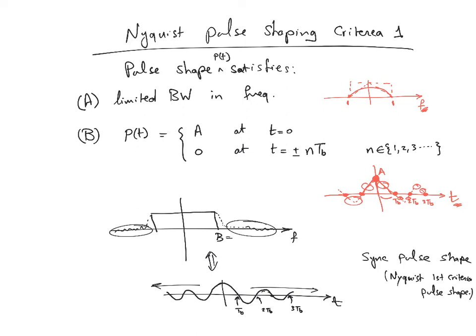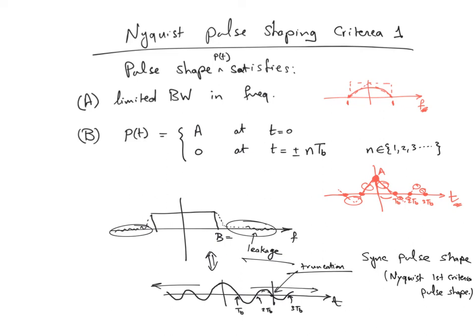So practically you end up with a truncated sinc pulse shape, and accordingly in frequency domain you end up with some leakages, which is due to truncation. Okay, that's it for pulse shaping.